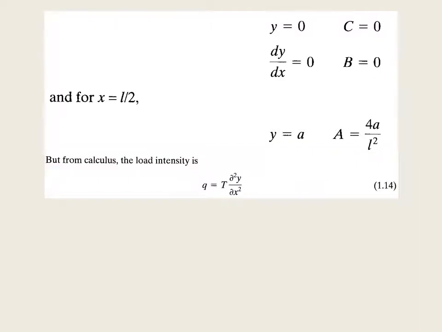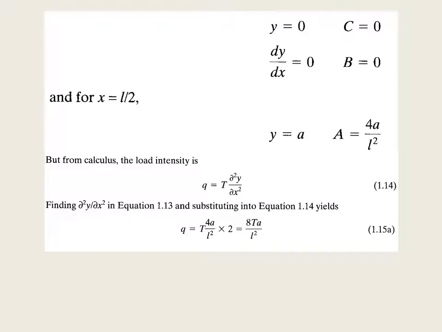Then the intensity of load, using calculus, equals T times the second partial derivative of y over partial derivative of x squared. So substituting that, what do we get?